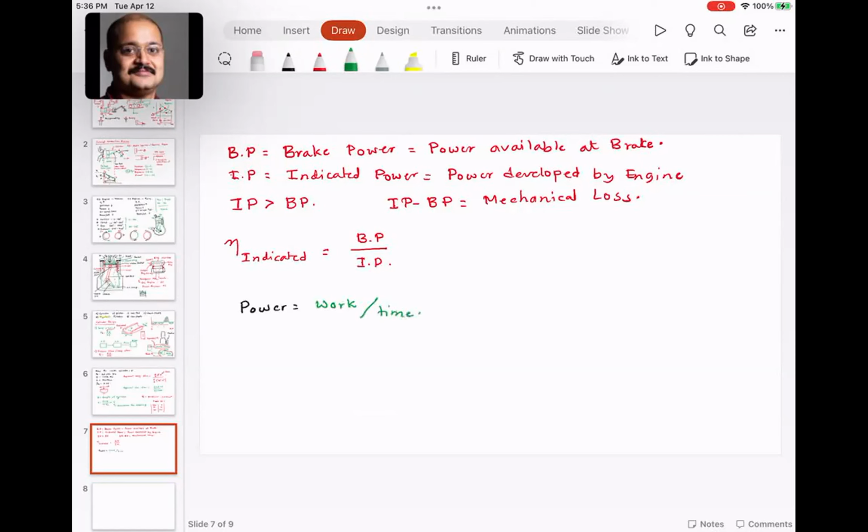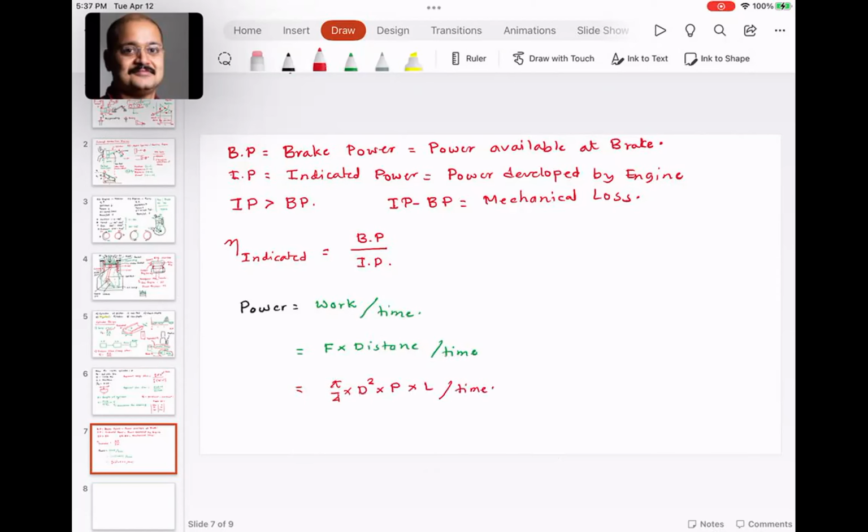What is work? Work is force multiplied by distance. In the cylinder, the force is generated by pi by 4 d square multiplied by pressure, and the distance that is traveling is nothing but L, which is stroke length, divided by time.